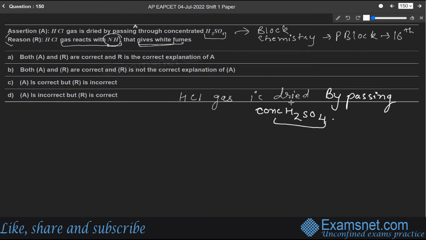There is a very, very high attraction for the water. And when it reacts with a compound containing water, it strongly acts as a dehydrating agent. So concentrated H2SO4 always acts as a dehydrating agent when it reacts with a compound containing water.